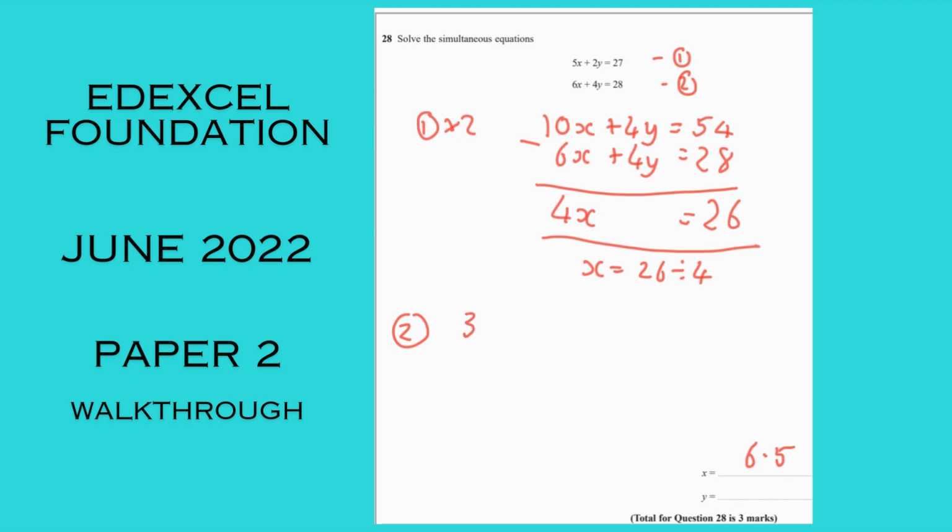So 6 times 6.5 is 39. And now we solve as a normal 2-step equation. Subtract 39 from both sides. It's a bit messy, but on your calculator, not the worst. Negative 2.75.